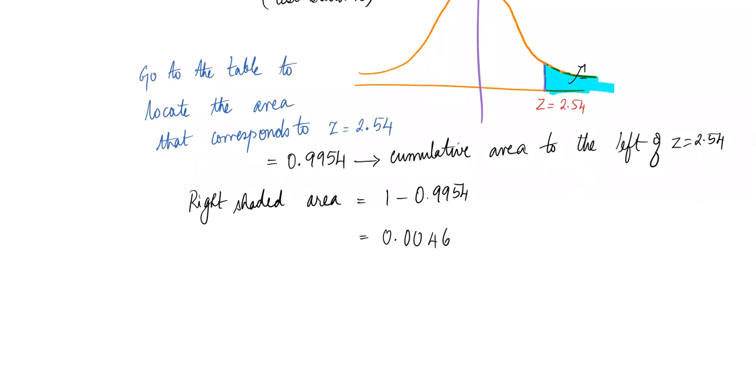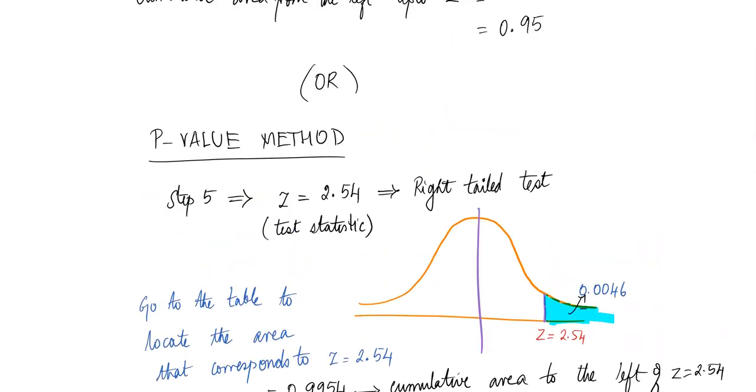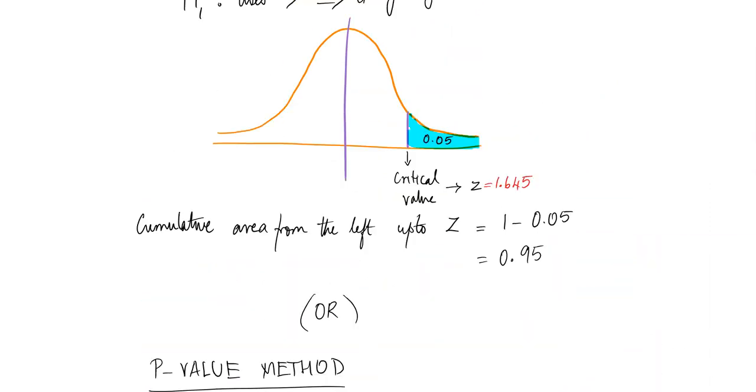So this blue shaded region would be 0.0046. Okay. Let me come down here and say the p-value that you found is 0.0046.